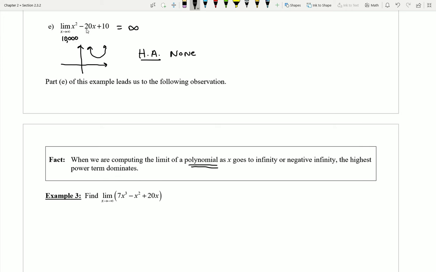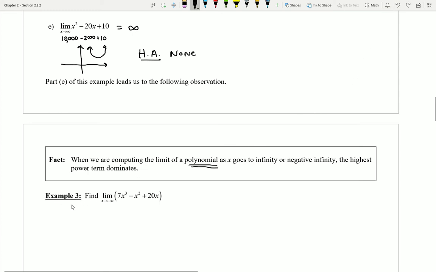Whereas if I take 20 times 100, that's only going to be 2,000. So notice that even by the time I get up to 100, this first term is totally dominating all of the rest and will really influence the overall result. So it's because of this that we say, when we're computing the limit of a polynomial, we really only need to consider what happens to the largest powered term if x is going towards negative or positive infinity.